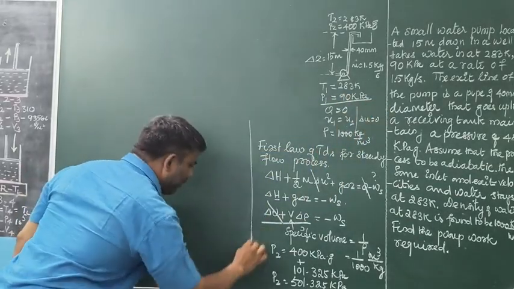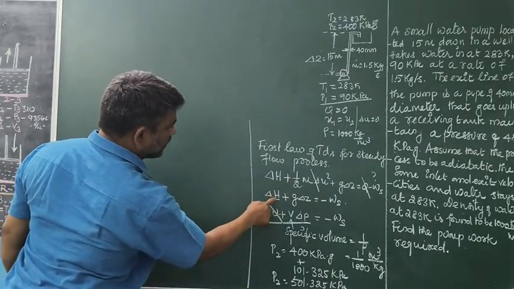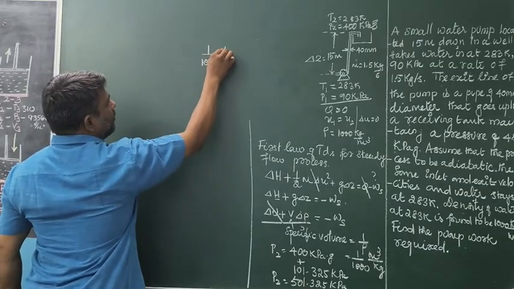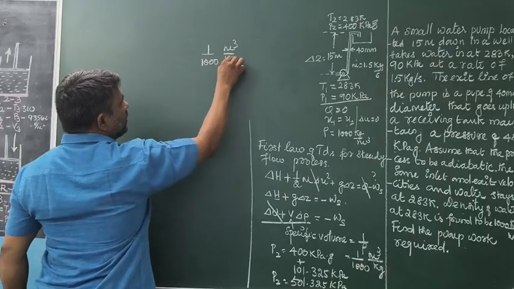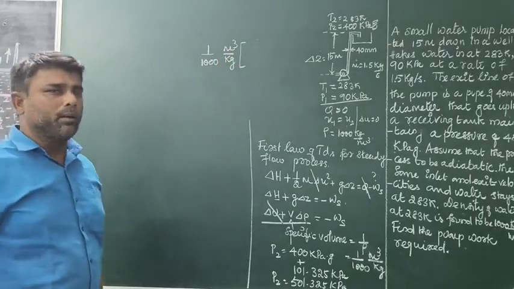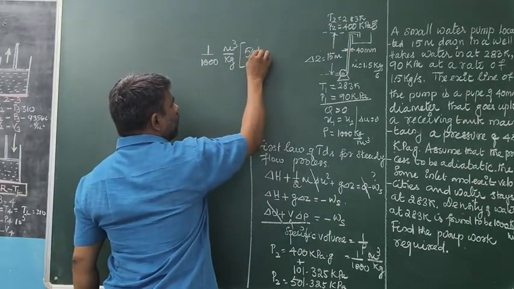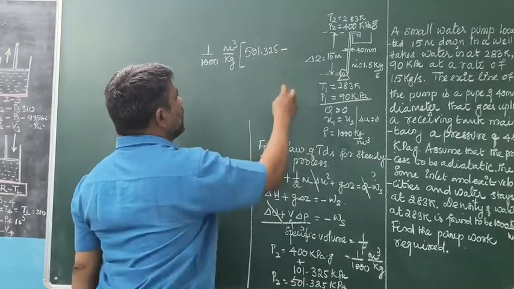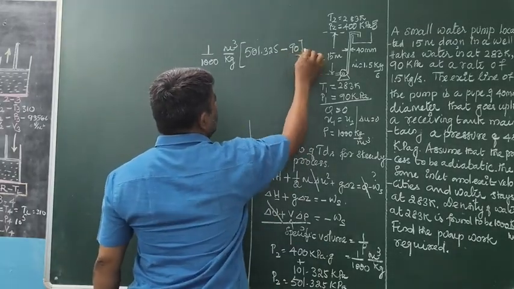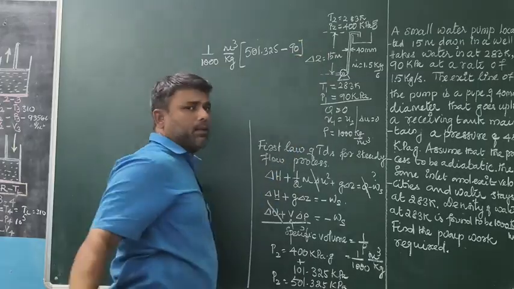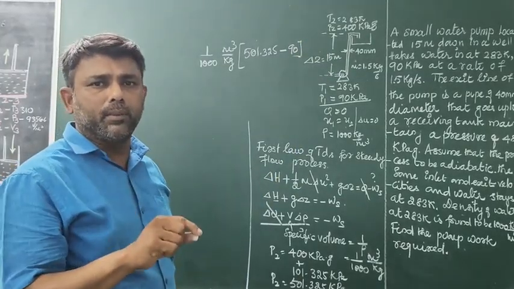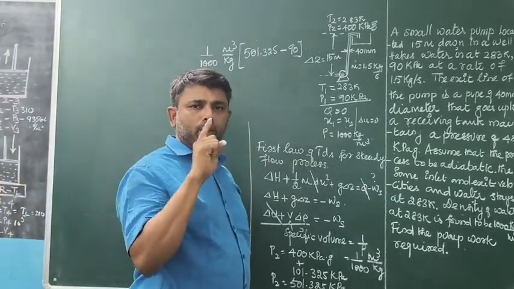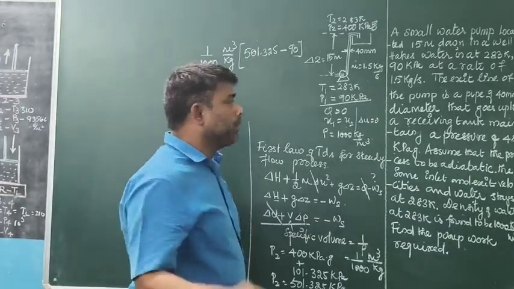Now I am going to solve the problem. Del H is V into del P, 1 by 1000 meter cube per kg into P2 minus P1. P2 is 501.325 minus P1, which is 90 kilopascal. Kilopascal means kilo Newton per meter square. 1 pascal is equal to 1 Newton per meter square, and 1 kilopascal is equal to 1 kilo Newton per meter square.